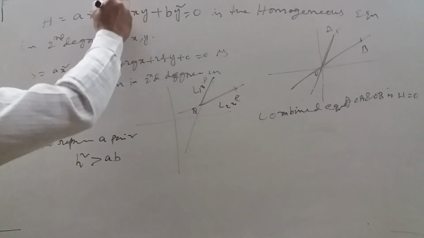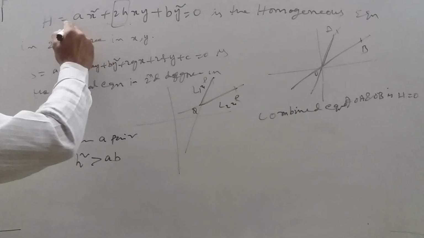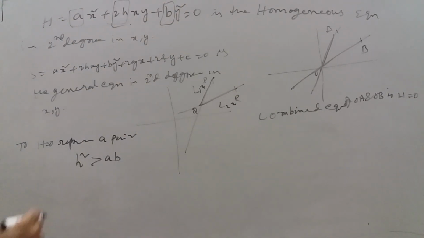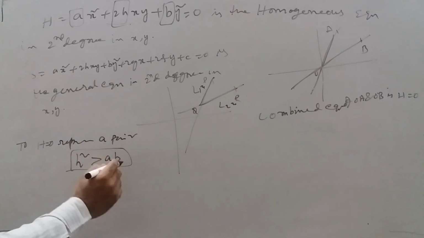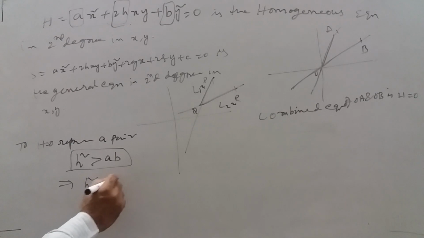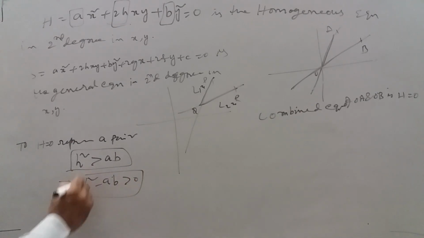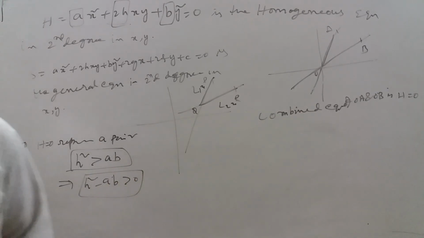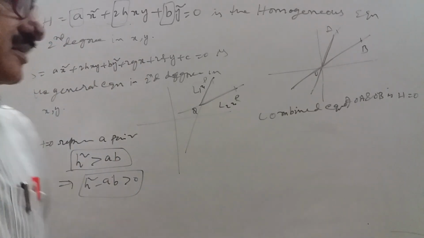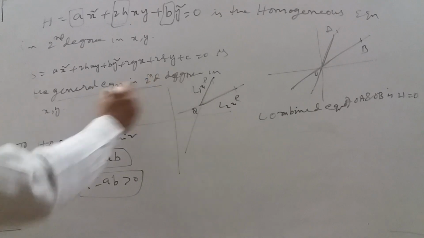Here 2h is the coefficient of xy, a is the coefficient of x square and b is the coefficient of y square. Then the condition is h square greater than ab, or h square minus ab greater than 0. This we have to verify. In this way we have to verify in the general equation also.